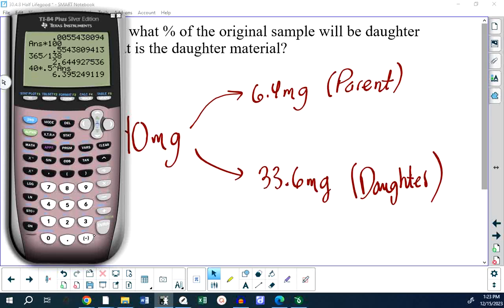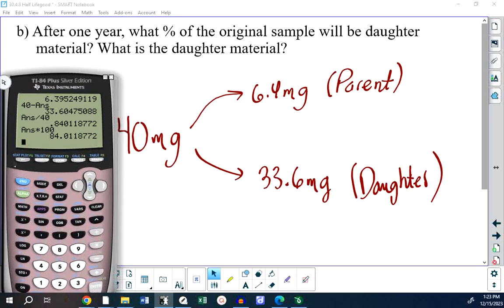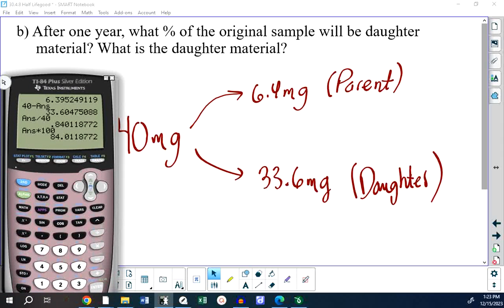There's still that other 33 whatever grams of the daughter present. So 40 minus this divided by 40 times 100, about 84% of the original sample will now be the daughter material.